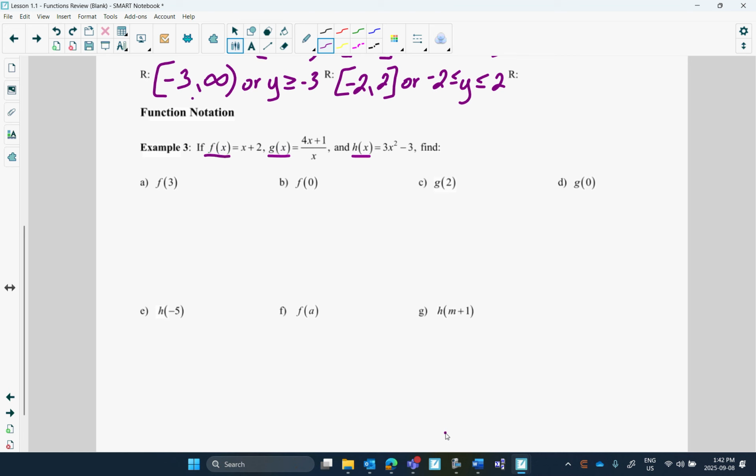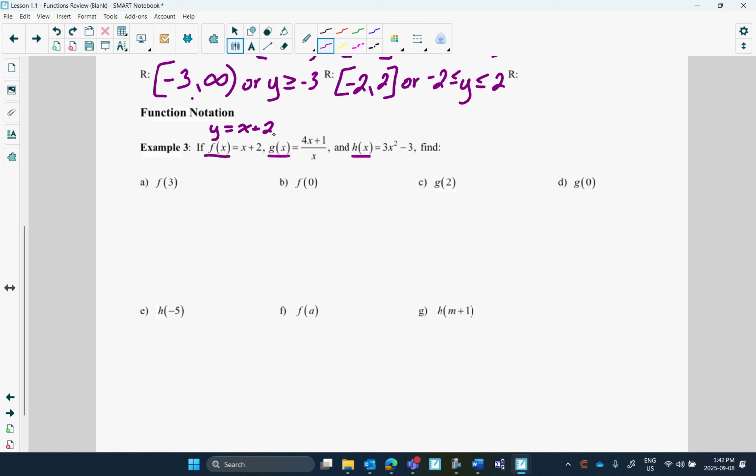It's the same as y, or if you actually read this, f of x, right? g of x, h of x. And you're right, it means the exact same thing as y. All this means is that it's a relation. This means because this is a line, it's also a function. That's all that means. But we can treat these two as equivalent.